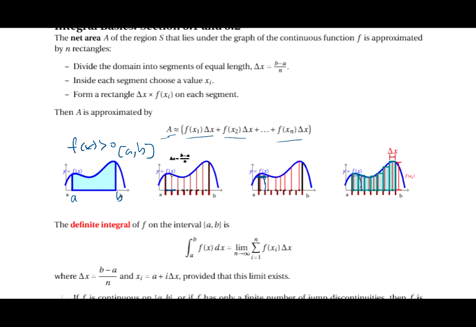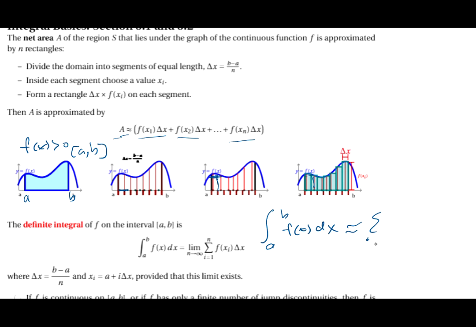Notation wise, this is how we denote the area. It's the elongated S, the integral from a to b of f of x dx, and that, according to what we discussed, can be approximated by the sum from i equal to 1 to n of f of x i delta x.